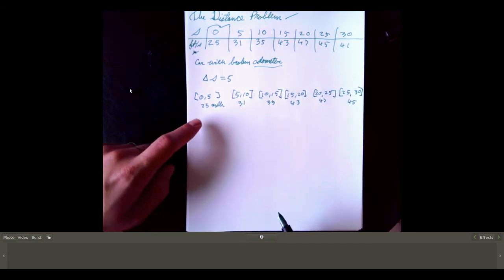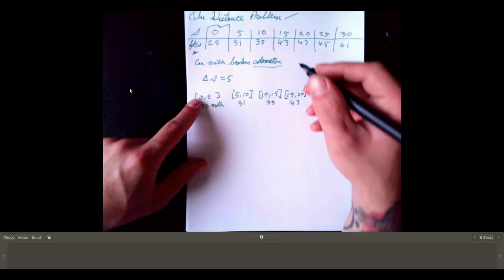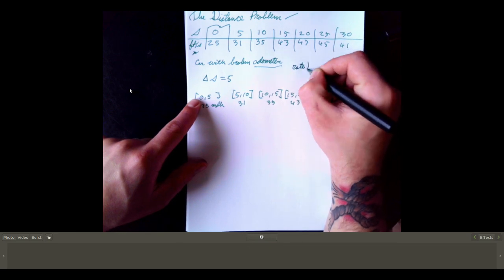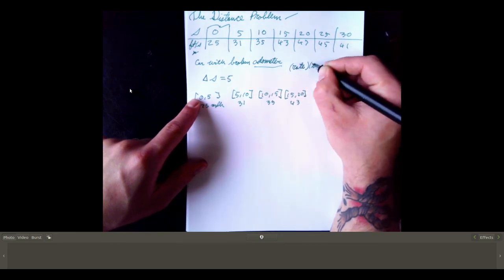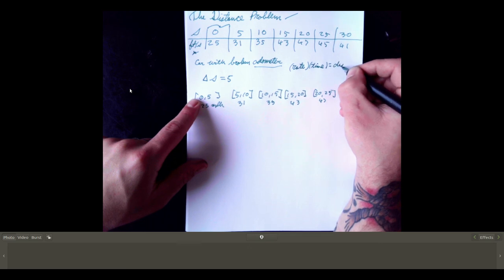So, a rate times a time is equal to a distance.